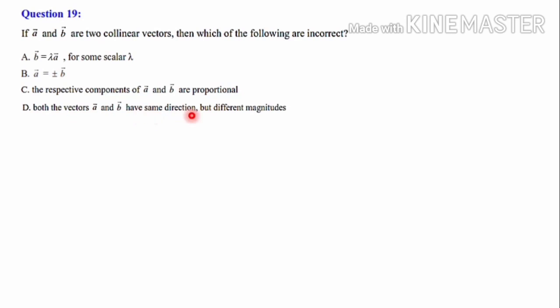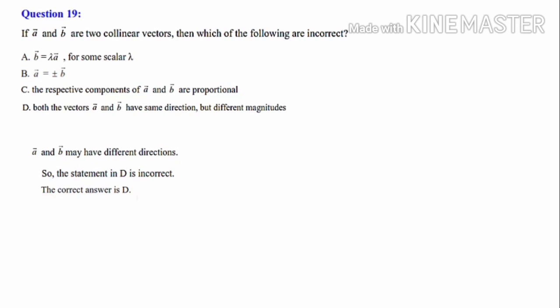So it is quite clear that something is wrong with statement D. Vector A and vector B may have different directions; that is what we have learned from the definition of collinear vectors. But in this fourth statement it says they have the same direction. So statement D is incorrect. The correct answer is D. So let's mark D.